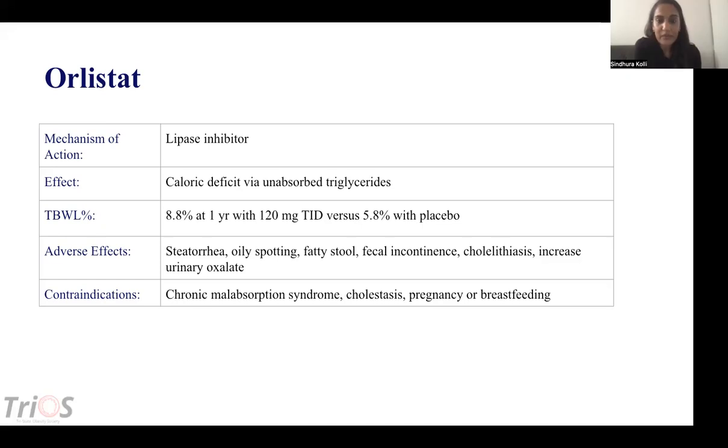Adverse effects, obviously, we're not absorbing these fatty triglycerides, so it gets excreted in our stool, so you'll see steatorrhea, which is a lot of stool that's floating in the toilet, oily spotting, fecal incontinence, cholelithiasis, which is gallstones, and then increasing the urinary excretion of oxalate, which can in turn lead to kidney stones. Contraindications are chronic malabsorption syndrome, cholestasis, pregnancy, or breastfeeding.